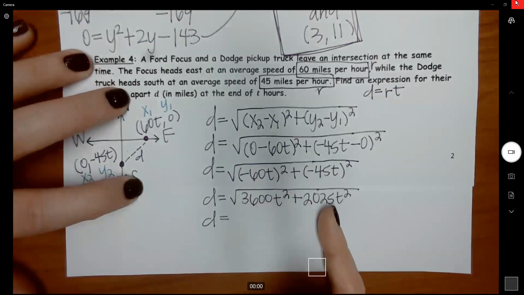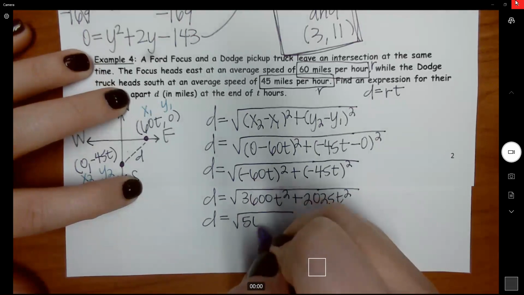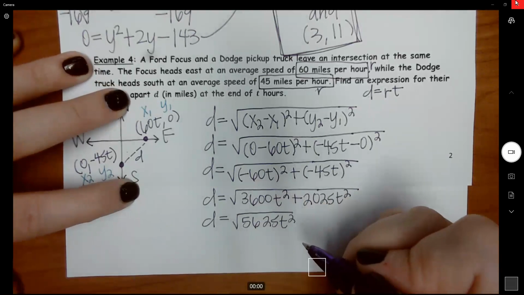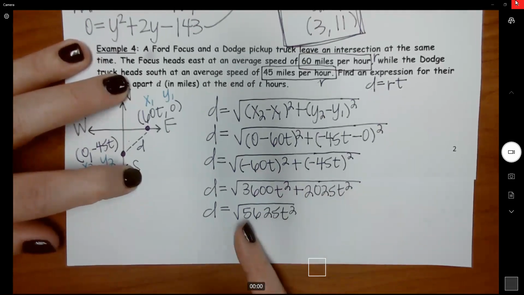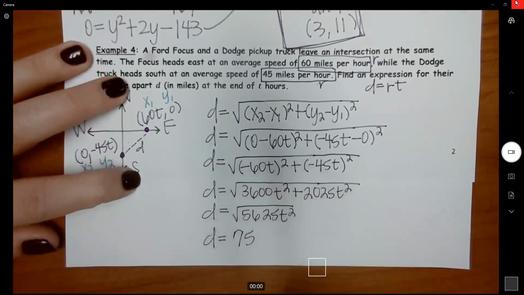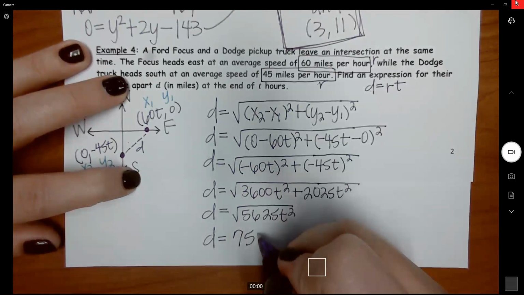They are like terms, so we will combine to get 5625t squared. And this is a perfect square. If you take the square root of 5625, you get 75. And the square root of t squared is t.